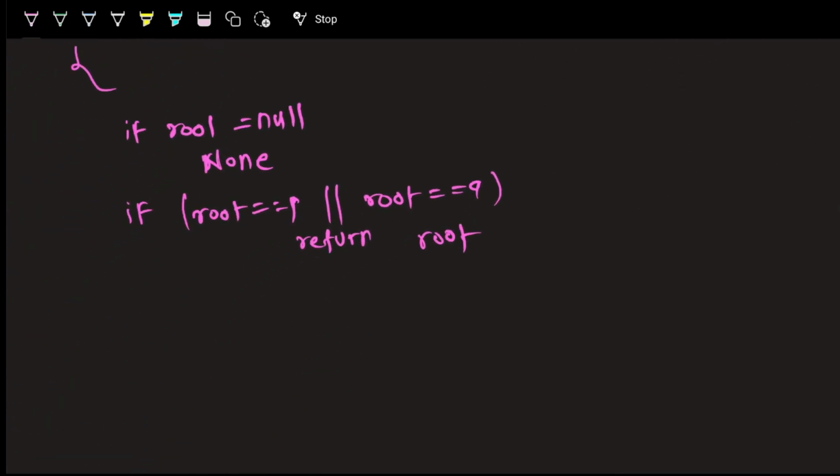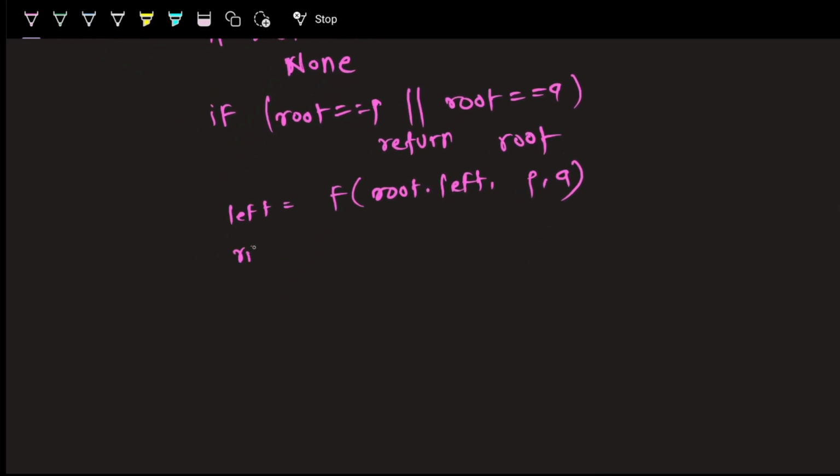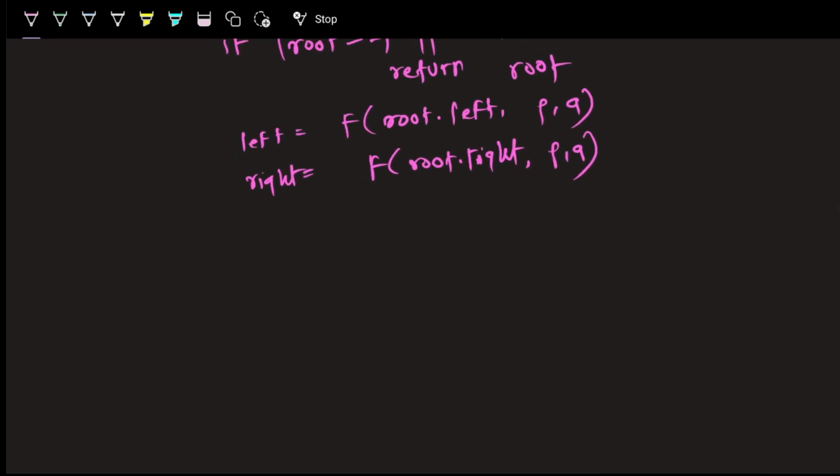Correct? If this is not the case, then I will just find the left with whatever function I have. I will just say root dot left, and I will just pass P and Q as it is. Same with right. I will just say function of root dot right and P and Q. And again, now I will ask my root, hey, are both present, left and right?